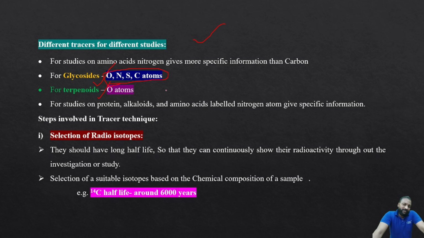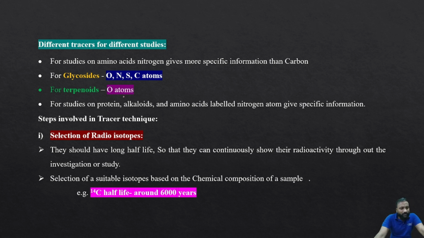So there is a chance we can get questions from this tracer technique, where they ask for the specific tracer compound or radio labeled atom for investigation of such a secondary metabolite.